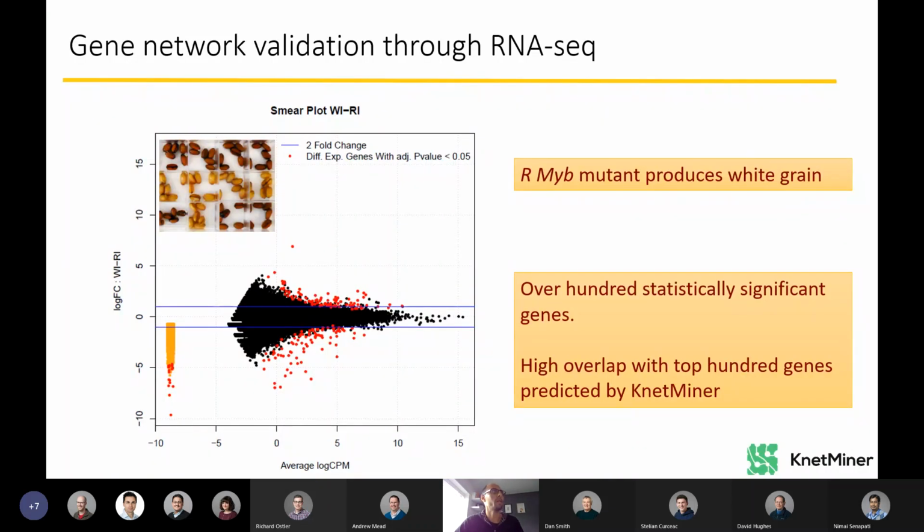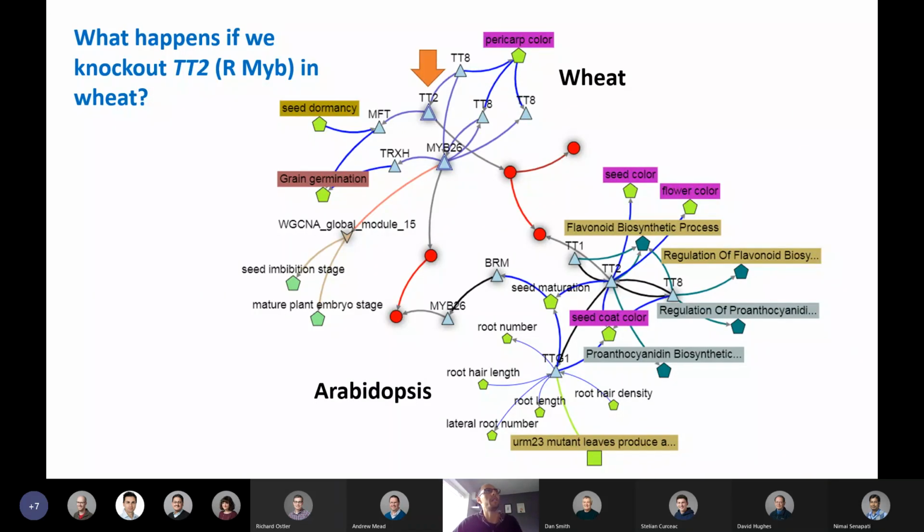Beyond knocking out, we can design an RNA-seq experiment, and this has been done as well, to study which genes are differentially expressed in controls versus RMYB mutants. So an RNA-seq study that was performed in this case has generated lots of differentially expressed genes. What we did is we compared those genes with the genes that are in our knowledge graph in close proximity to TT2, as in this example, to see if there are overlaps.